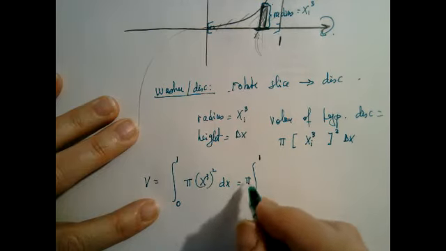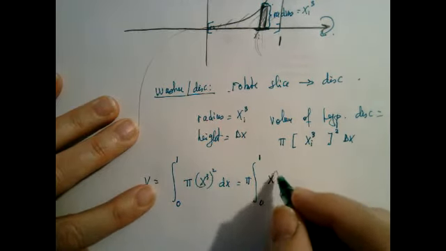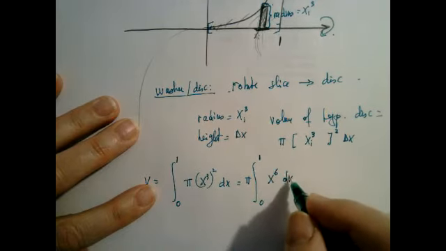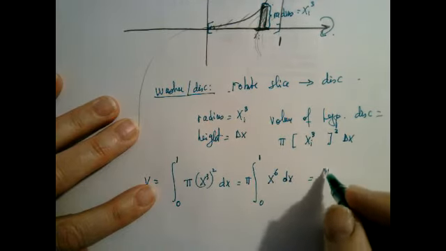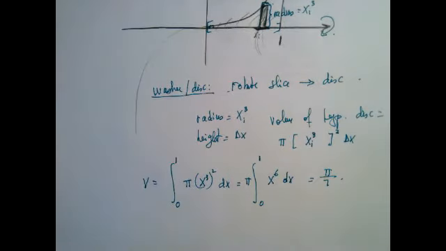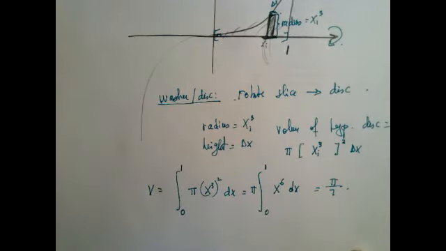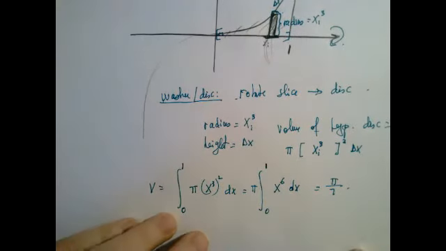Pi is a constant. X cubed squared, it means x to the power 6, dx. And the rest is simple. We should get pi over 7. Okay. Now we do that in the shell method because I'm asking you to do it in both. Any questions, please ask.